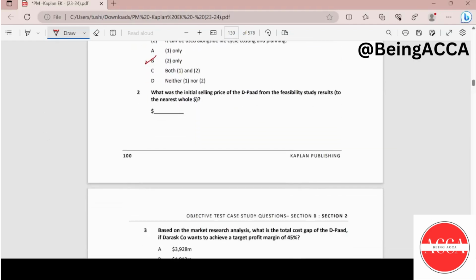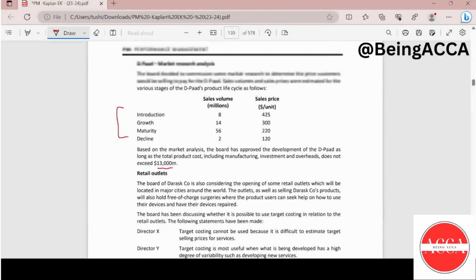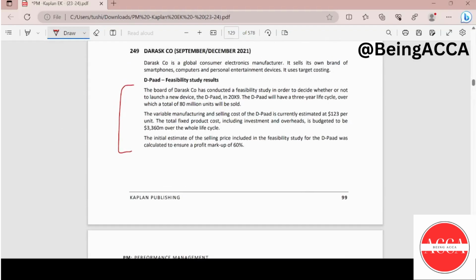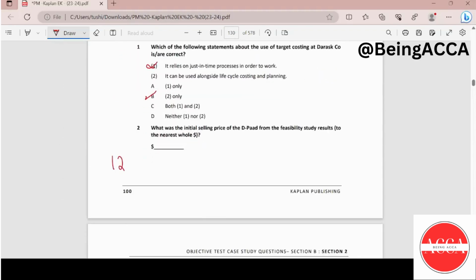Moving on to the next one, what was the initial selling price of the D-pad from the feasibility study results to the nearest whole dollar? According to our first feasibility study results, we had calculated that the variable manufacturing and selling cost was 123 per unit. So, 123 plus.